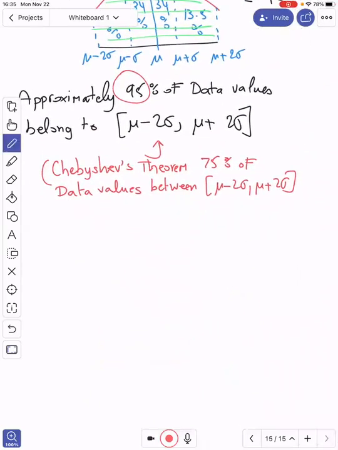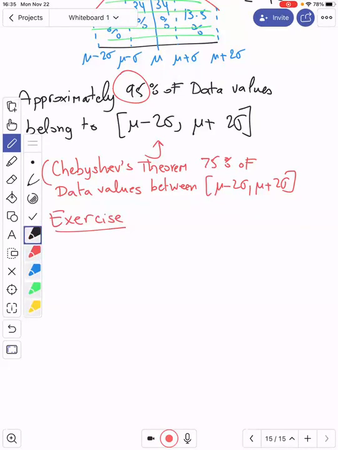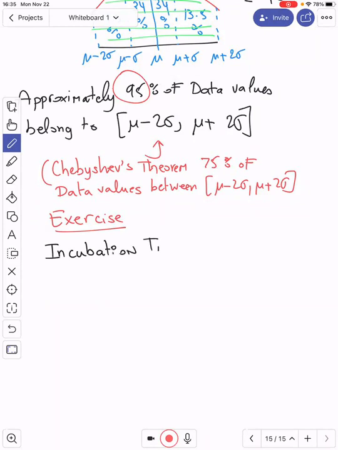All right, so let's exercise. Let's practice a little bit. We have the incubation time for Rhode Island red chicks.